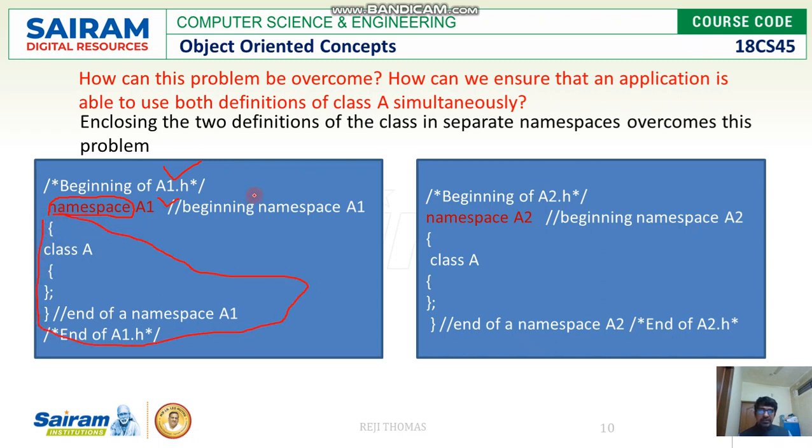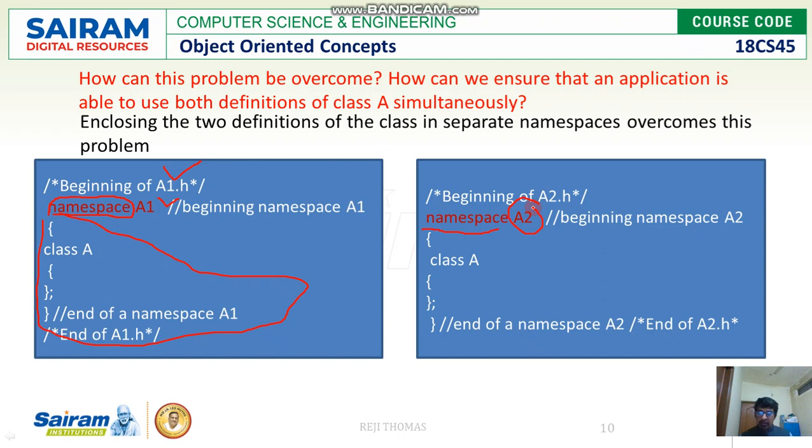Look at the second header file. There also we use the keyword namespace and give a name for it, and the rest everything is the same. In namespace a1 as well as a2, we have a class called A. So enclosing the two definitions of the class in separate namespaces is going to overcome this.